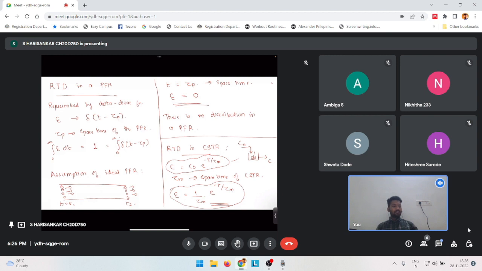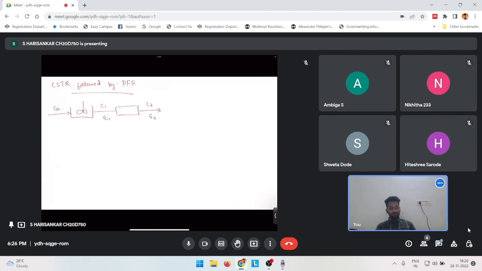So we'll just use that in the next case. So then C1 will be C0 e raised to minus T by tau m, and E1 will be 1 by tau m e raised to minus T by tau m. Right? So this will be the outlet concentration and the residence time distribution at the outlet of the CSTR.